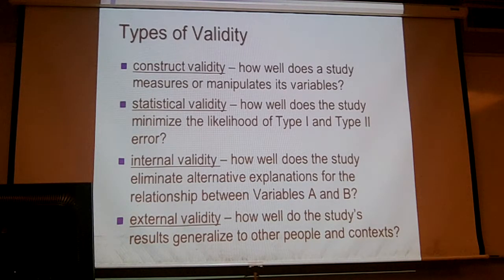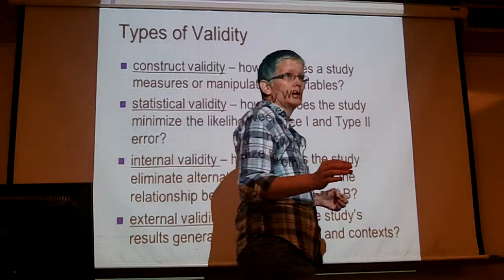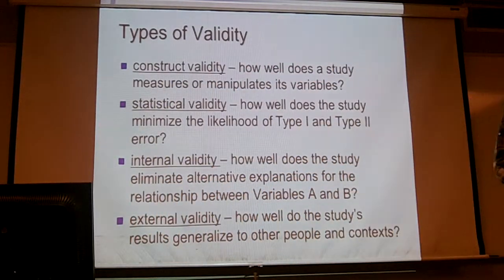Internal validity applies only to experiments, only to causal claims. Internal validity has to do with the presence or absence of confounds. If a study has confounds, if a study has extraneous variables that could be influencing the result, then internal validity drops.